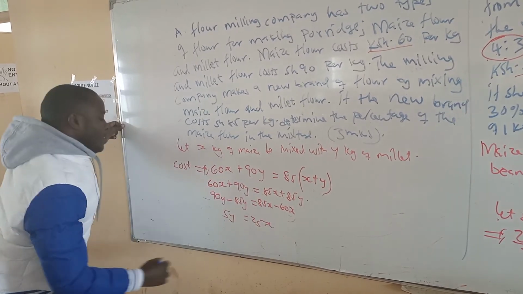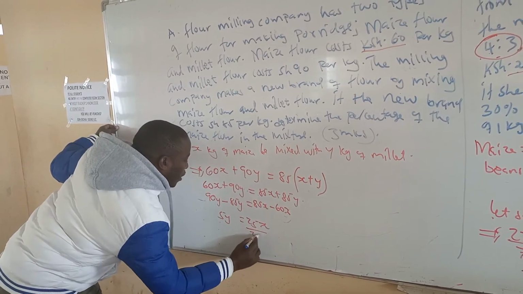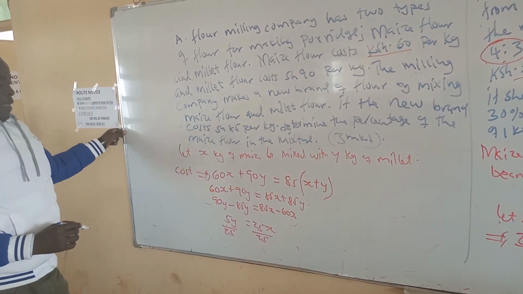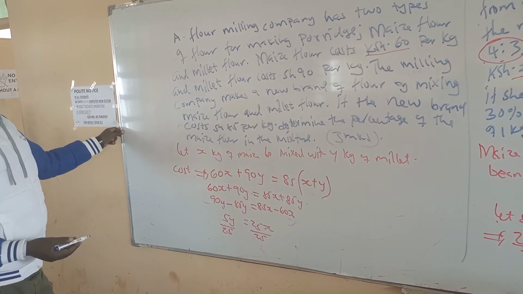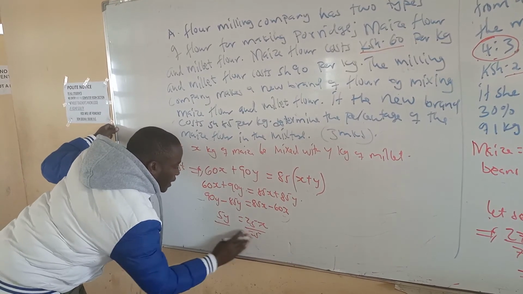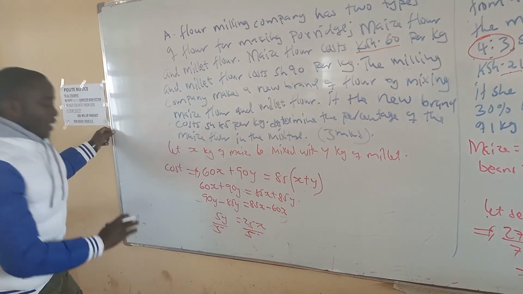I can decide to divide by 25, or we divide by 5 all through, whichever you decide. If I decide to eliminate the 5 from the y side, I divide by 5, that is the easiest to divide.